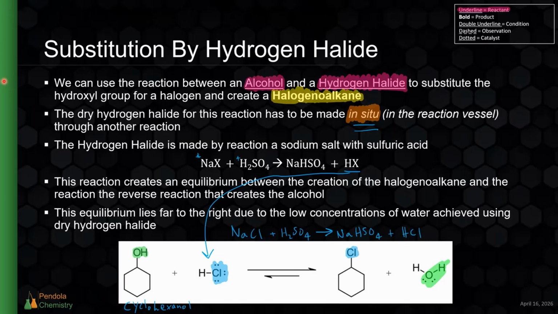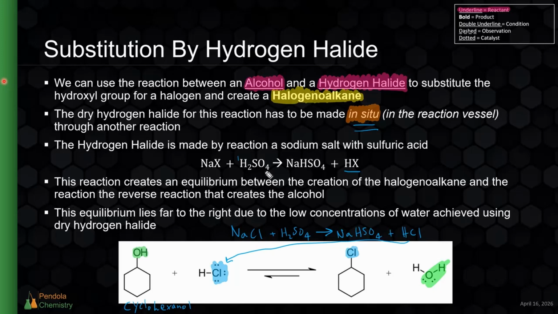Once we have that HCl being made in that reaction, then that HCl will, as soon as it's made, react with the alcohol, in this case cyclohexanol, and create a halogenalkane. So because this reaction is an equilibrium reaction, the creation of the halogenalkane is not 100%. The reaction does reverse, but it does lie towards the halogenoalkane. So this reaction is very reversible.